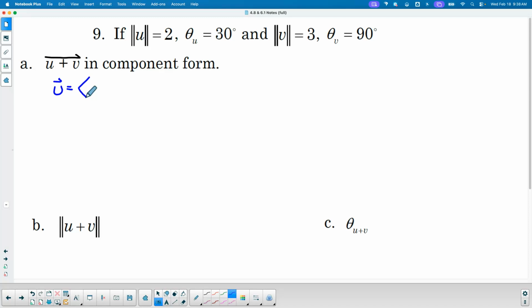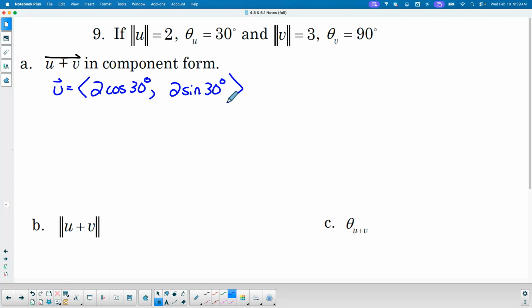What's the horizontal component going to be, the x part, if you will, from the last slide? 2 times... keep going. Because x, the horizontal component, is the magnitude times the cosine of the direction angle. Y, the vertical component, is the magnitude times the sine of the direction angle.